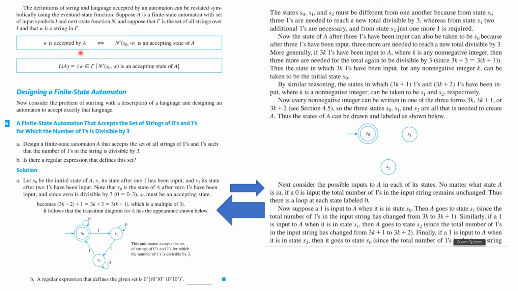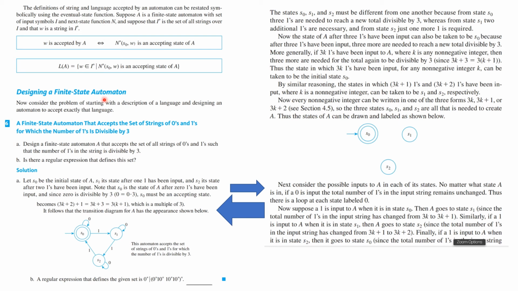Something is accepted by A if the answer to this is an accepting state, and vice versa. We can define the language associated with A as the set of W's that do go into an accepting state. So these are the symbols that will cause you to go into a state where the machine will take action.